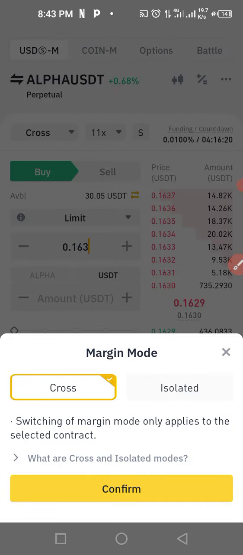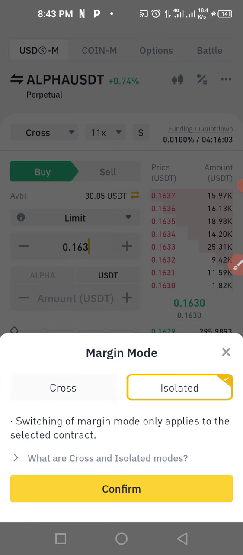Now, in isolated margin mode, you are trading with the asset or the fund you specify for that particular trade. For example, I have that $10 and I'm trading with $1 out of that $10.